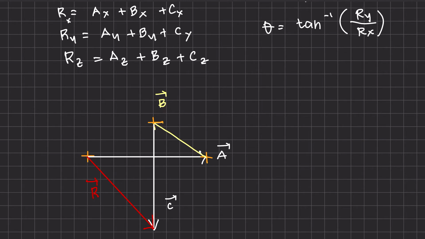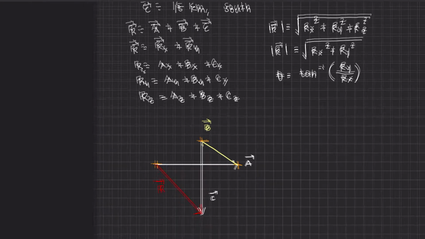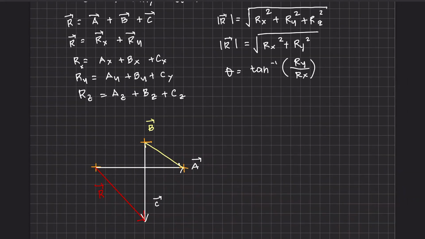So we have to get the magnitude and we have to get the direction. For the direction, we have several ways, but one method in getting the resultant vector is enough. So how to solve for the resultant vector R? The X and Y components and the direction and magnitude. For me, it is better to start with a table.